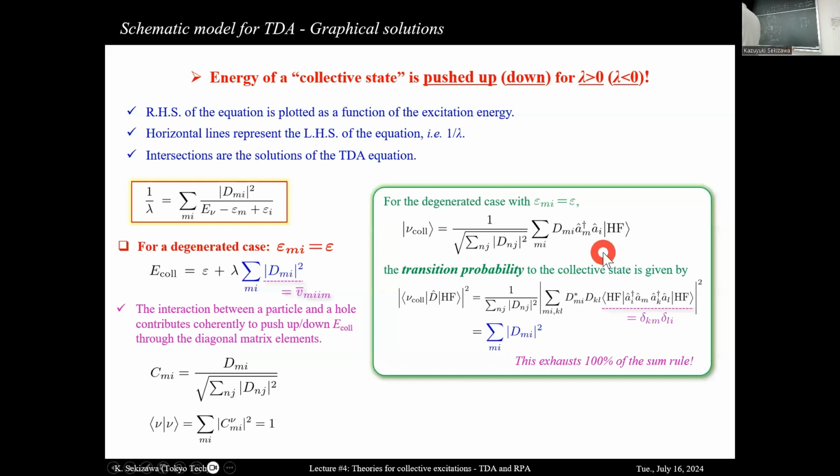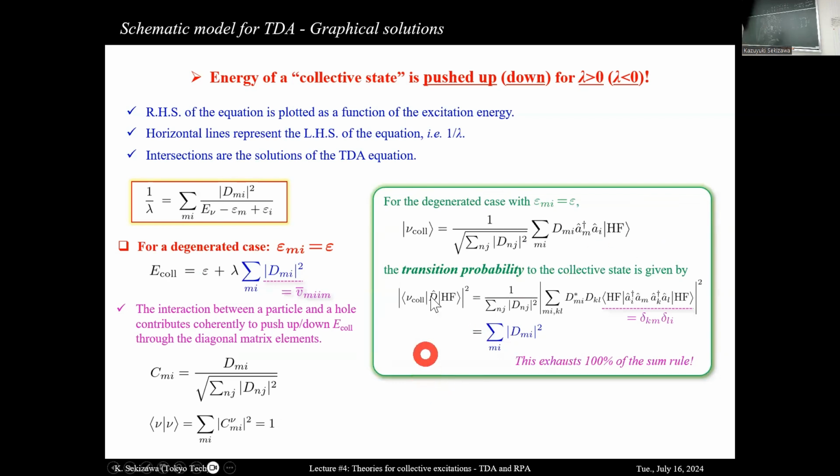This is nothing but the collective state, coming from this normalization condition. So this collective state has this normalization factor with this kind of superposition.